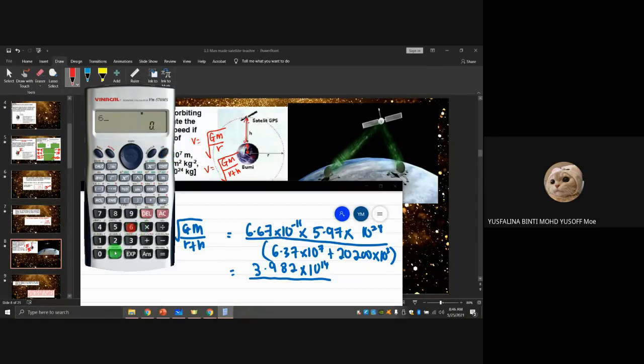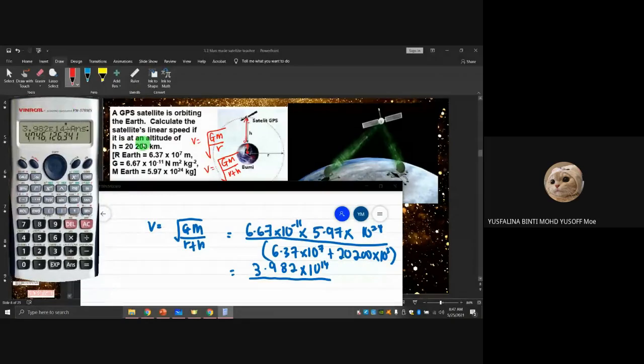So 6.37 exponent 7 plus 20,200 exponent 3. So you got this one. Then 3.982 exponent 14 divided by the answer. So you got this one. Why is my answer not the same as yours?